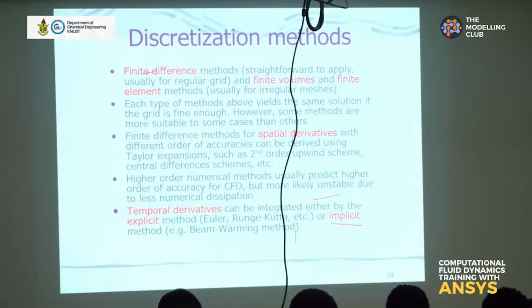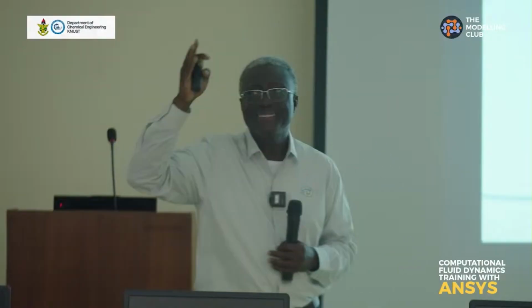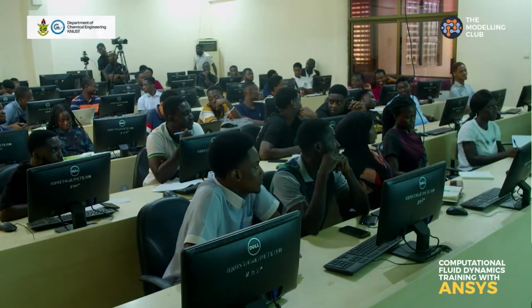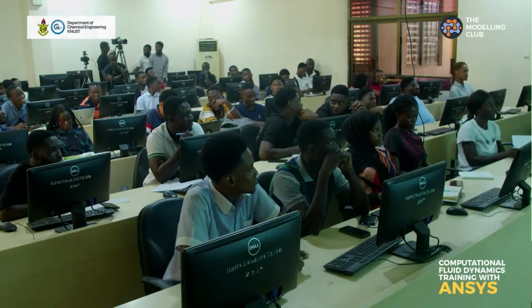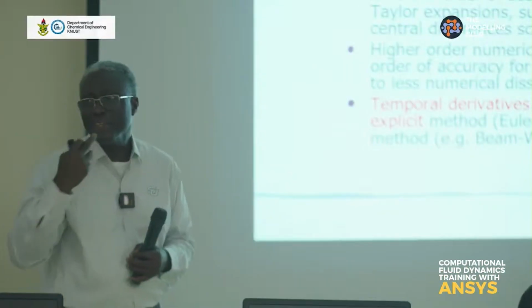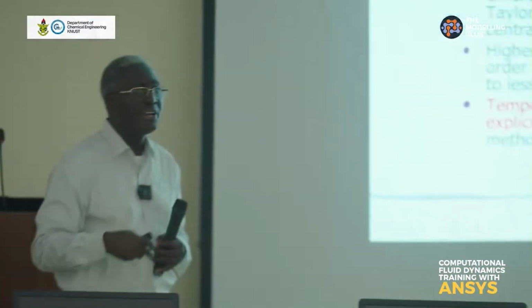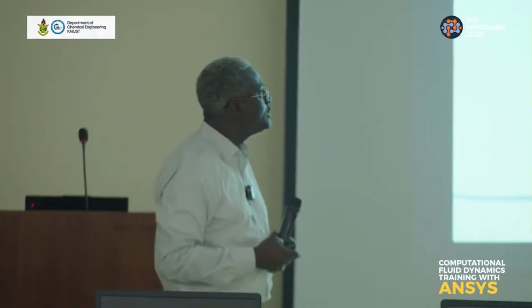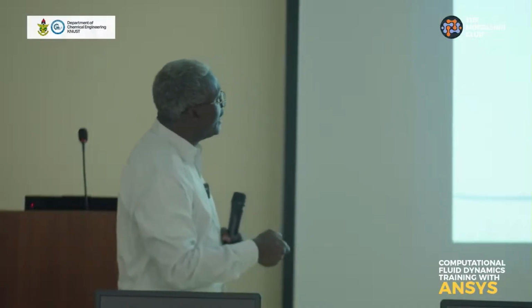Finite difference methods for spatial derivatives with different orders of accuracy can be derived using the Taylor series expansions. Who remembers the Taylor series expansion? Hopefully we'll see it later on. I'll go over it in terms of helping you see the discretization using the Taylor series expansion.